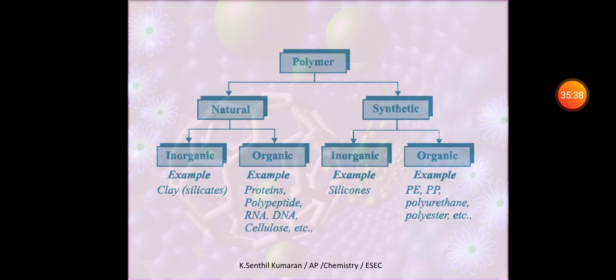Then inorganic synthetic polymers, example silicones. And the last one is organic synthetic polymers: polyethylene, polypropylene, polyethylene terephthalate, nylon 66, nylon 6, nylon 11, polyurethane, polyester, polyvinyl chloride, polyacrylate, etc. We have already seen a lot of organic synthetic polymeric structures.